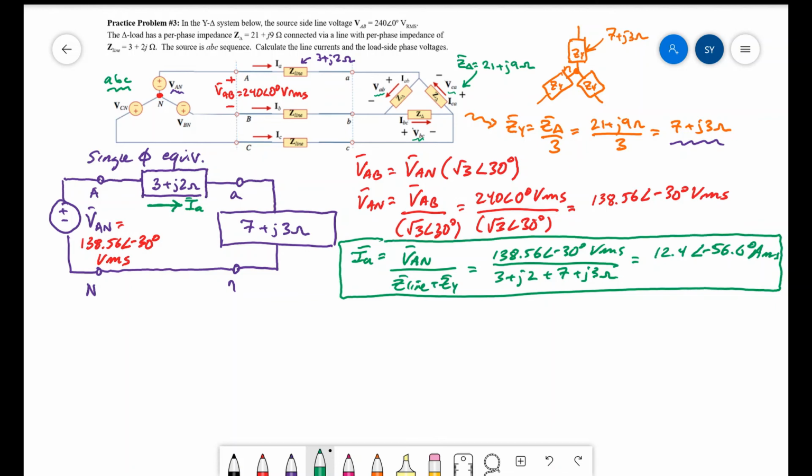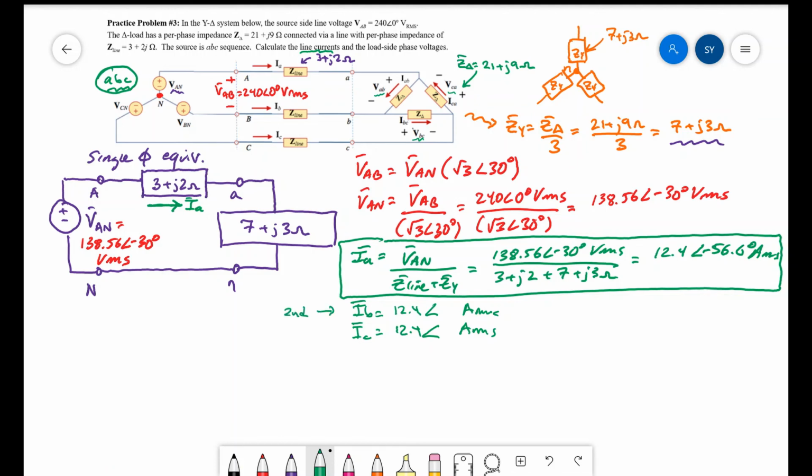Now because I'm asked for all of the line currents, I also need to know what is IB and what is IC. We know that because this is a balanced circuit, they're going to have the same magnitudes as IA. So I can immediately write that they're going to be 12.4 amps RMS in magnitude. However, for the phases, I need to know the phase sequence. Since this is an ABC sequence, I know that B comes second.